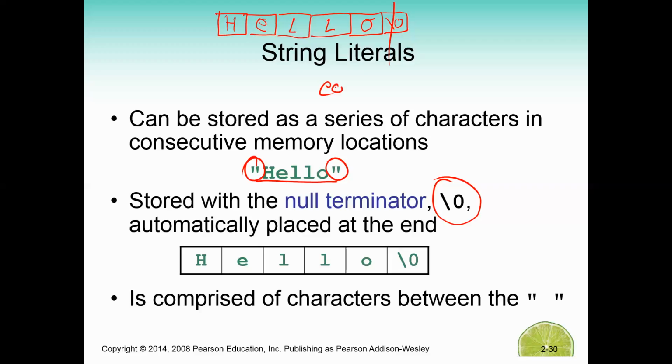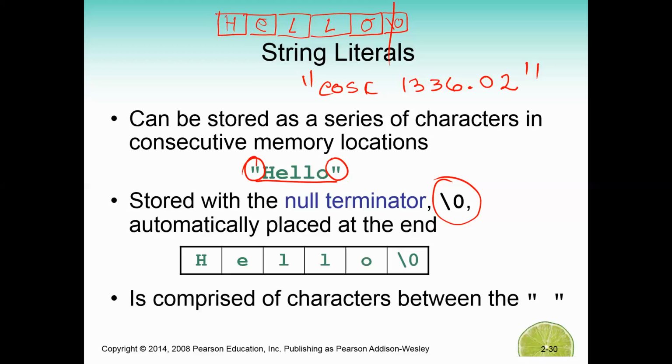If I'm going to be storing COSC 1336 section 2, this is my string. How many bytes do I use for this? 13? Why 13? One for the terminator and one for the space.